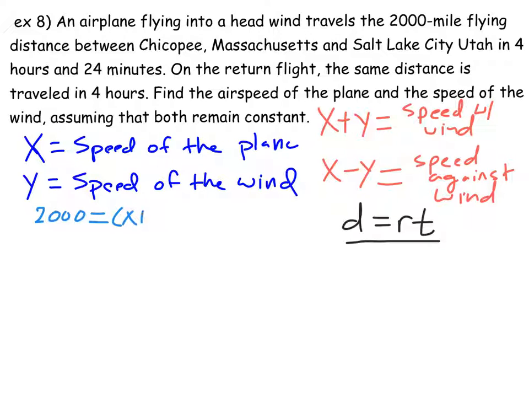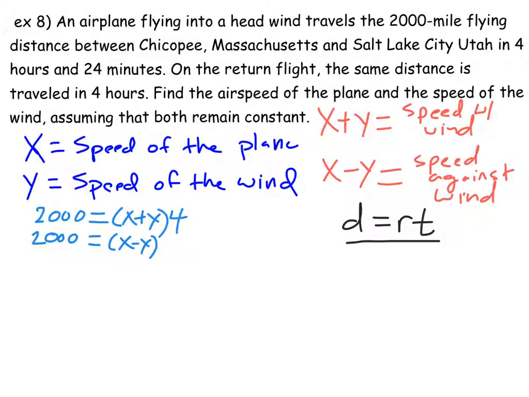That's a speed, the speed of the plane with the wind. So now what I need is how much time went by on the flight with the wind. Well, it tells us that it was 4 hours. Equation number 2, this is really the trip against the wind. So this is going to be x minus y.